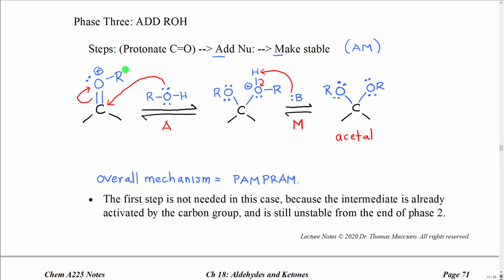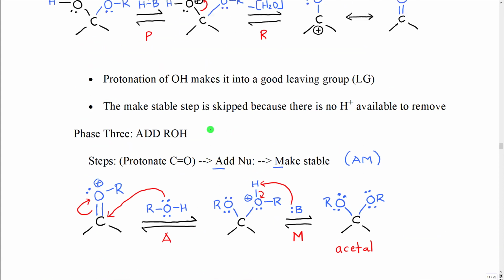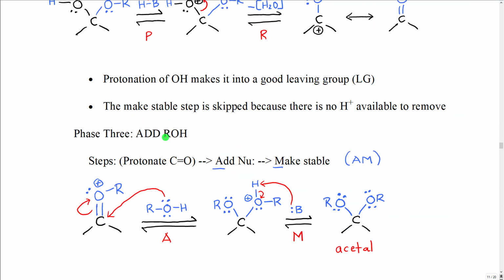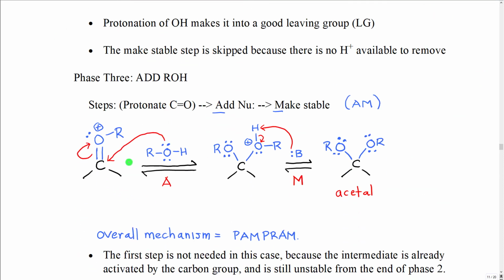So this intermediate is very much analogous to, I'm going to scroll back up, this intermediate right here, which was the intermediate we got in the first phase by protonating. So we're going to go straight to the addition step because it's already activated for addition.